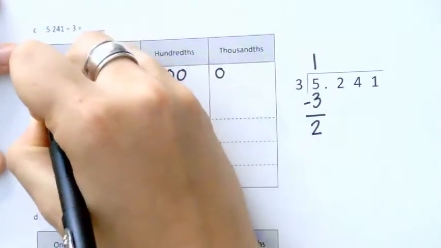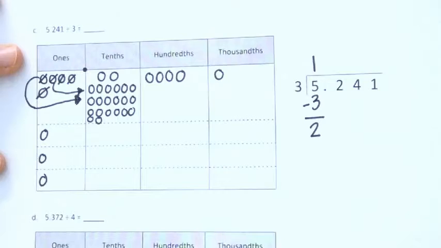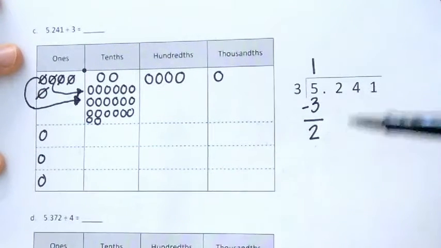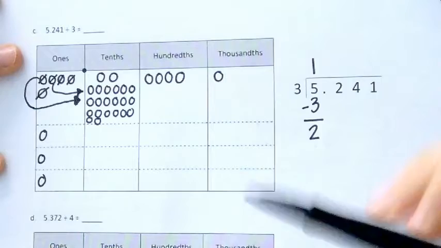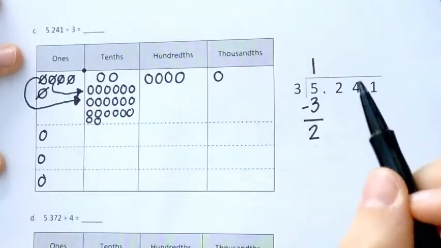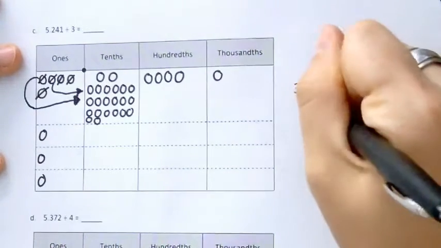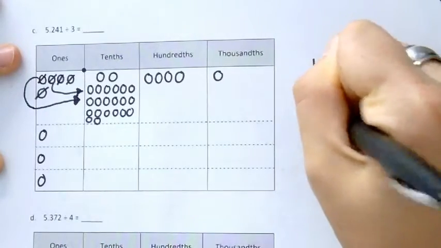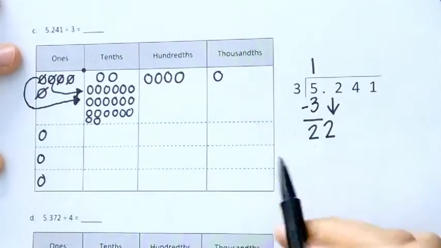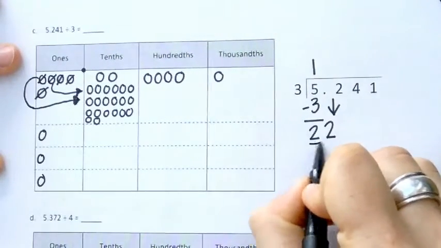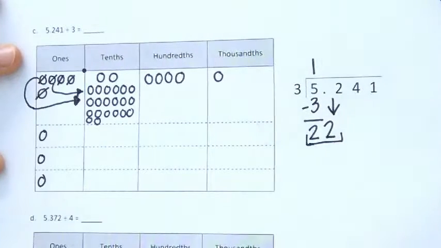It is, and then since I unbundled them, I'm crossing them off. So we've divided on this side, multiplied, subtracted. Now I have to bring it down. What does this number 20 represent on our place value chart?